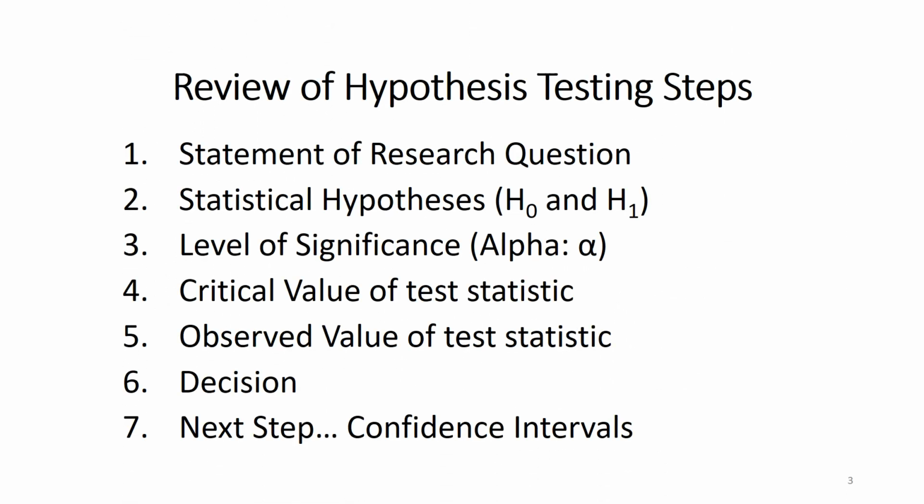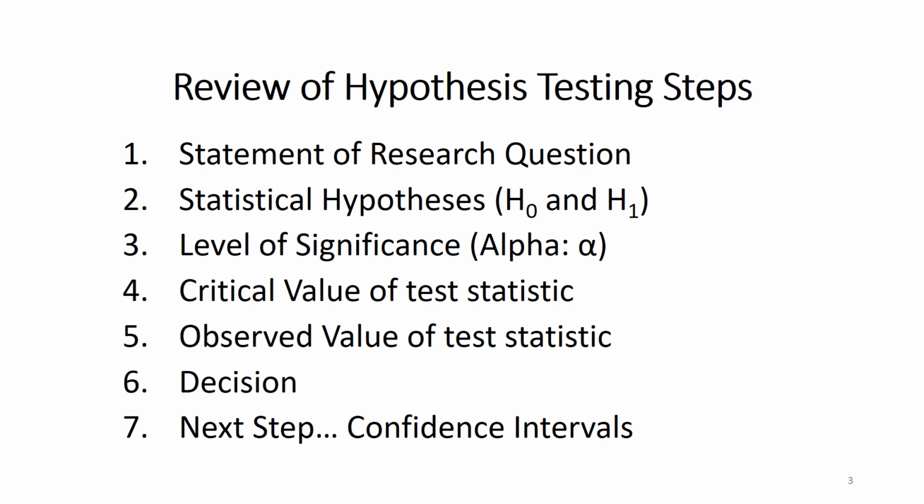So quickly to review our hypothesis testing steps, you'll notice we still have our 6, then the 7th with confidence intervals, which will come in our next lecture, added at the bottom. We're still going to start with, we need a research question. We then need to translate our research question into 2 competing statistical hypotheses, the null hypothesis and the research hypothesis, H0 and H1.